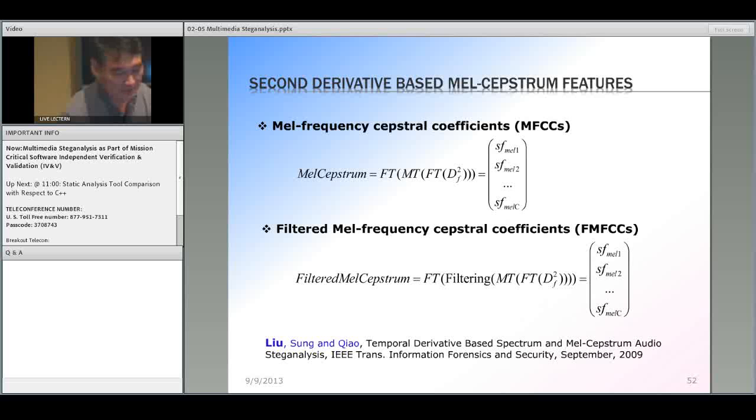If anybody is interested, the paper is in the 2009 IEEE Transactions on Information Forensics and Security, talking about this idea of using CEPSTRUM features to train machines. By the way, we use a variety of machines, SVMs, neural networks, naive Bayes, everything that we have a tool for. The ordinary toolbox.